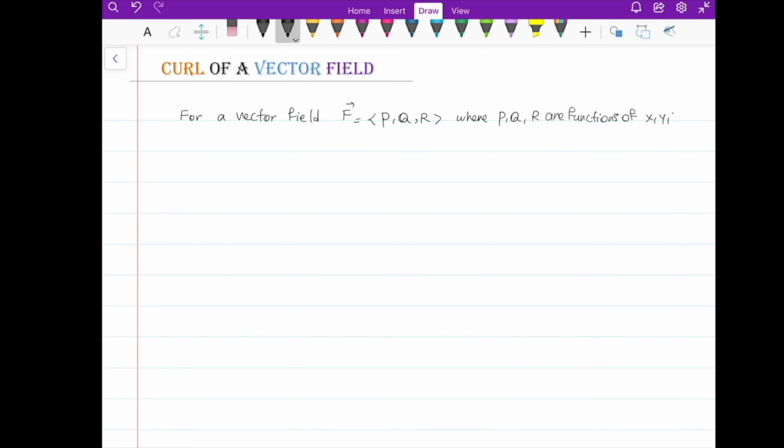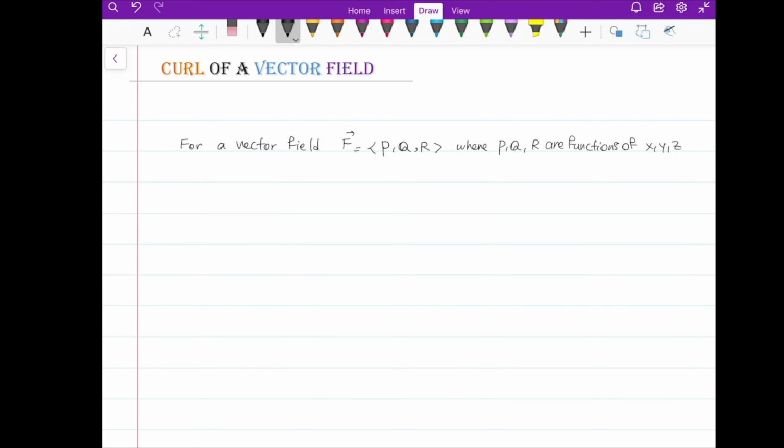where P, Q, and R are functions of x, y, and z, we can define an operation that would be very helpful for the definitions we're going to talk about.